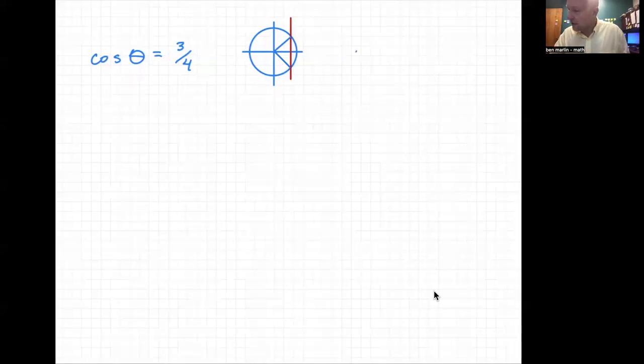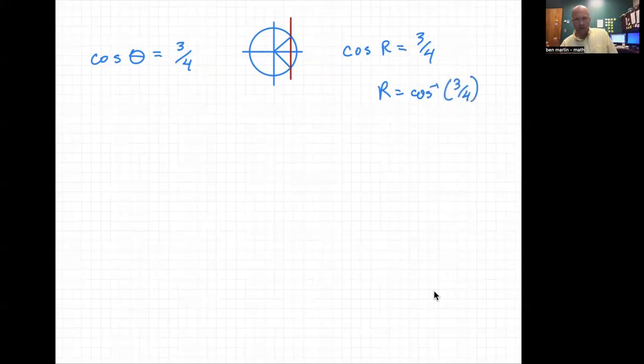We will say the cosine of our reference angle needs to be 3/4. It's not a special angle. So the reference angle is the inverse cosine of 3/4. Okay. If you need an approximation, get an approximation at this stage.